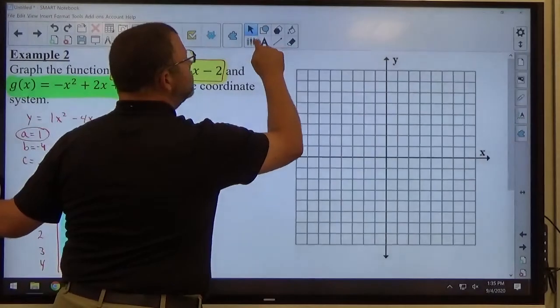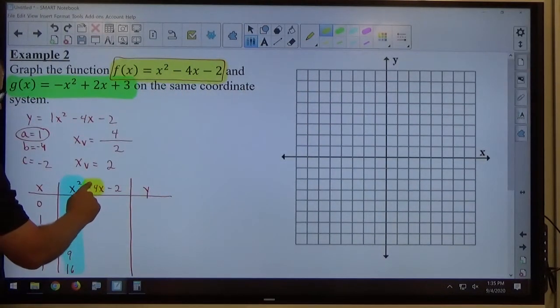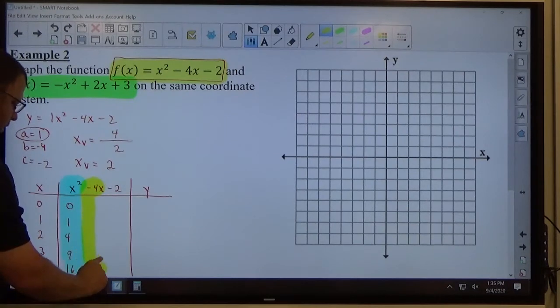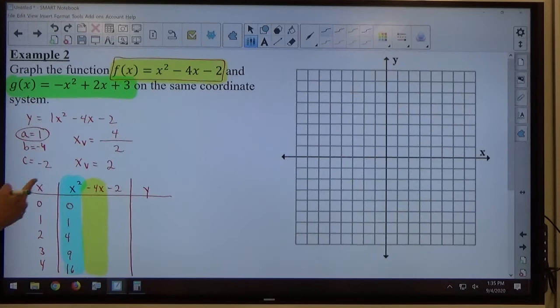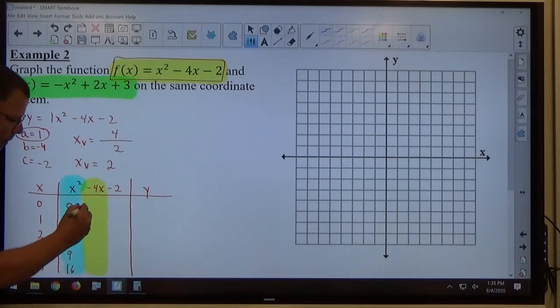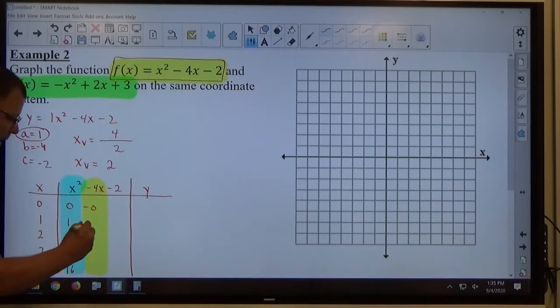The middle object, which is negative 4x, is going to come right down here. Negative 4x means that we take negative 4 times this and put the answer as either addition or subtraction. So what's negative 4 times 0? I'm going to put minus 0. Negative 4 times 1, negative 4, so I put minus 4.